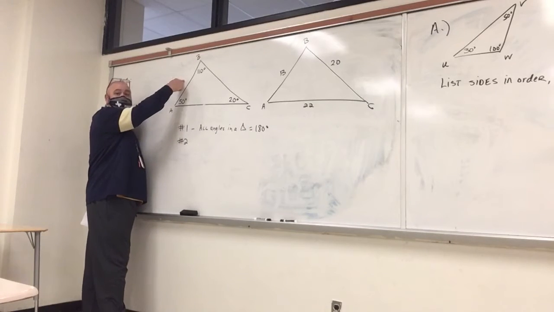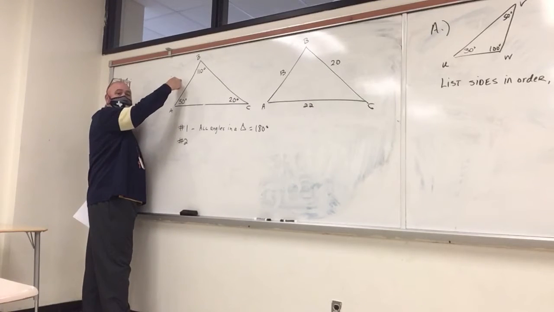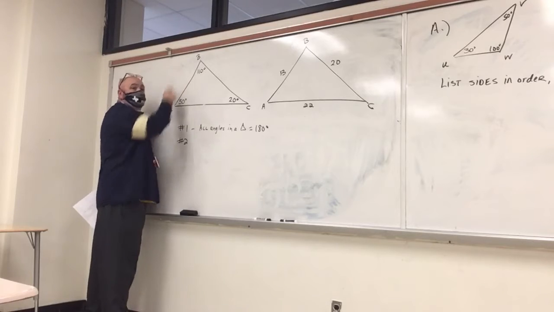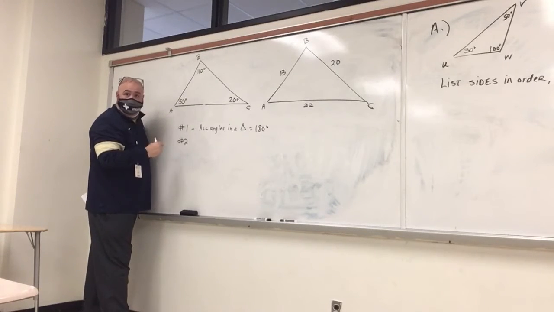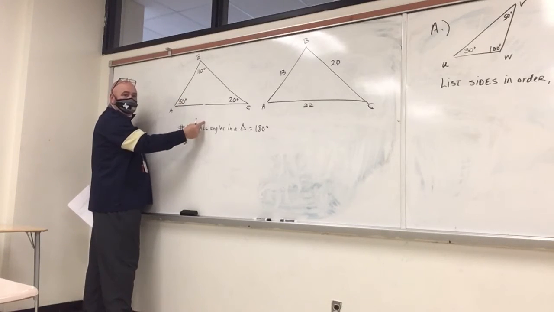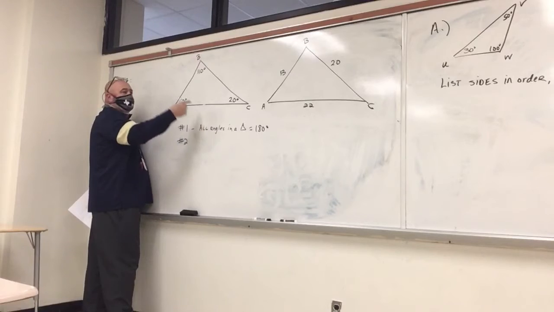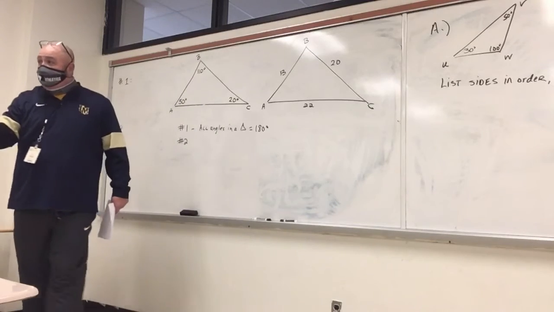This side right here. It is away from it. How do you name this side? You name it with the two letters, side AB. What side is opposite angle B? AC. What side is opposite angle A? BC. Does everybody understand that?